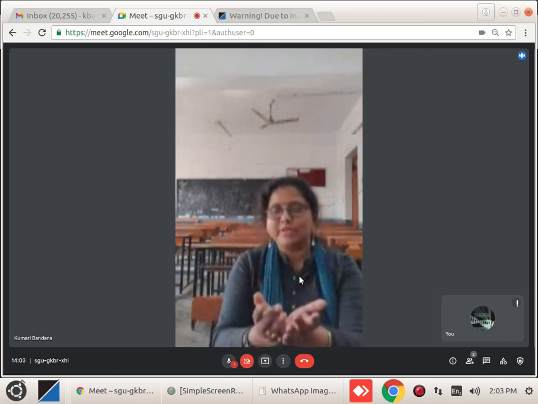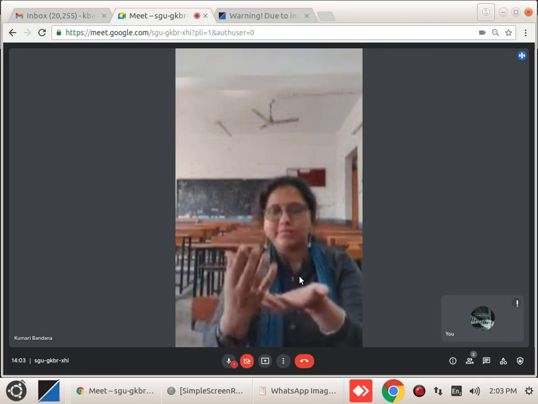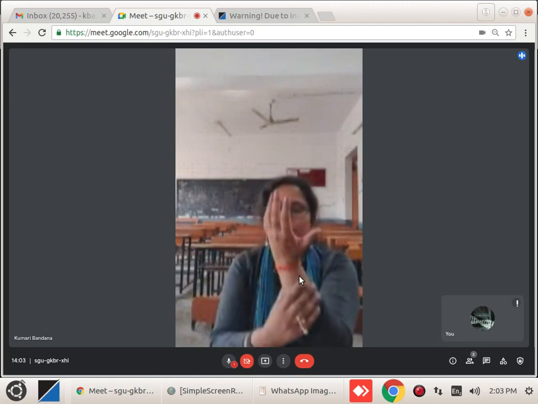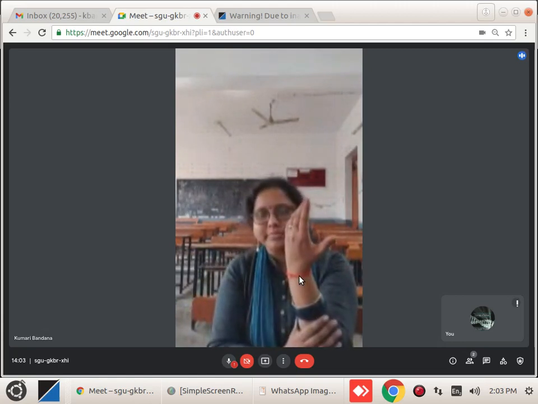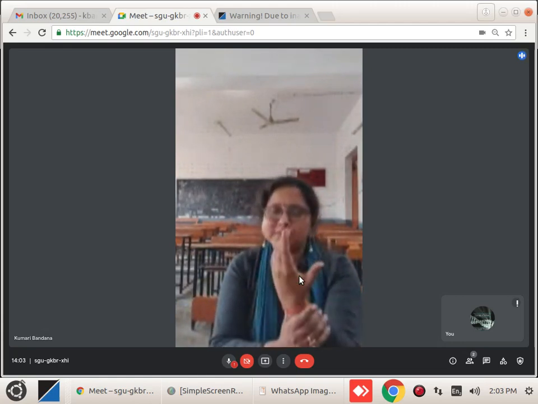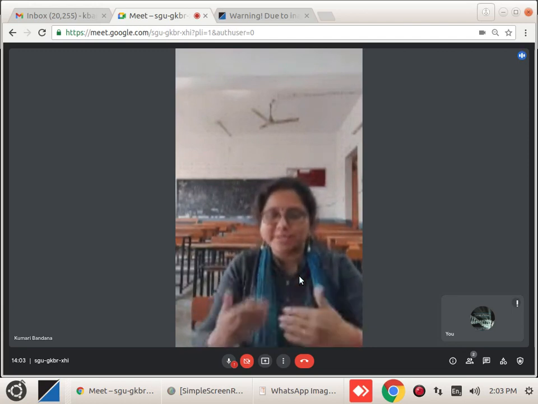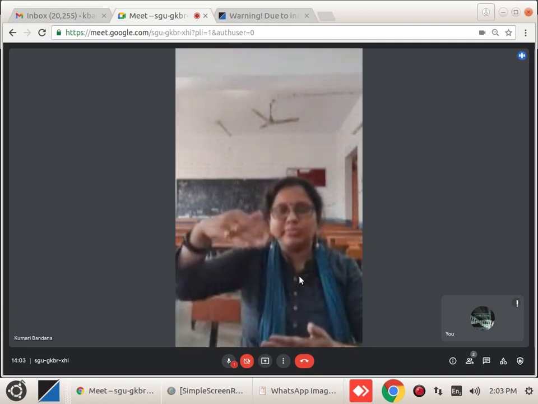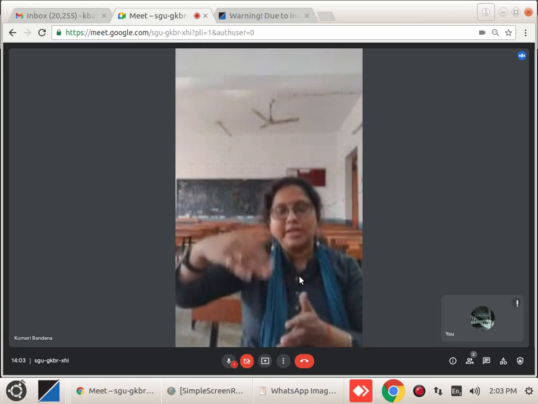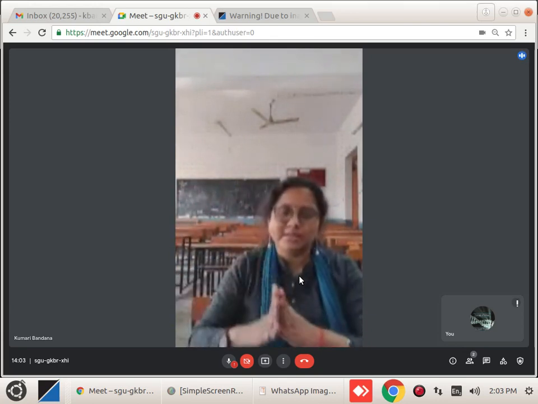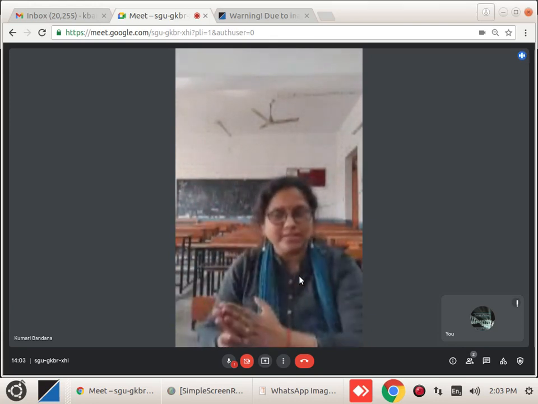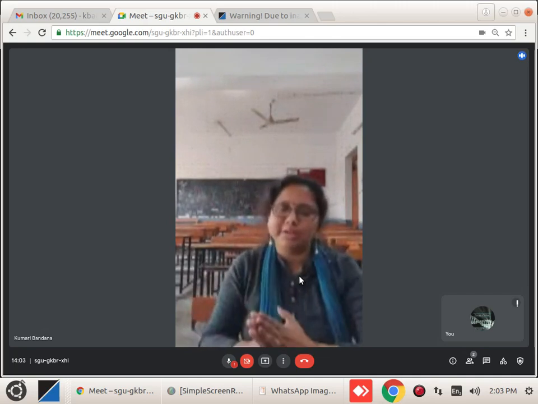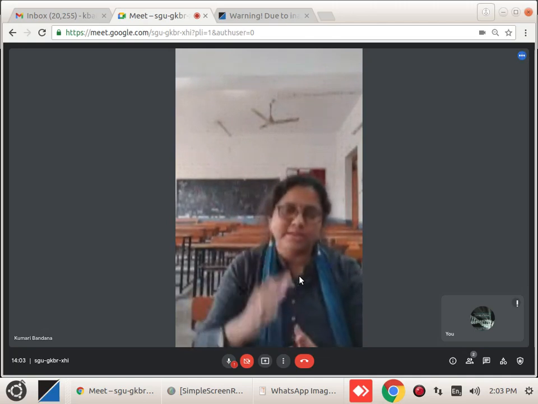This is the Bowman's capsule, for example, the glomerular part. Ultrafiltration takes place, then it moves into the PCT, the proximal convoluted tubule. What happens inside the proximal convoluted tubule? Then the Henle's loop, what happens inside it? Then the DCT, what happens inside the DCT? And then finally, how is urine formed through the collecting duct?